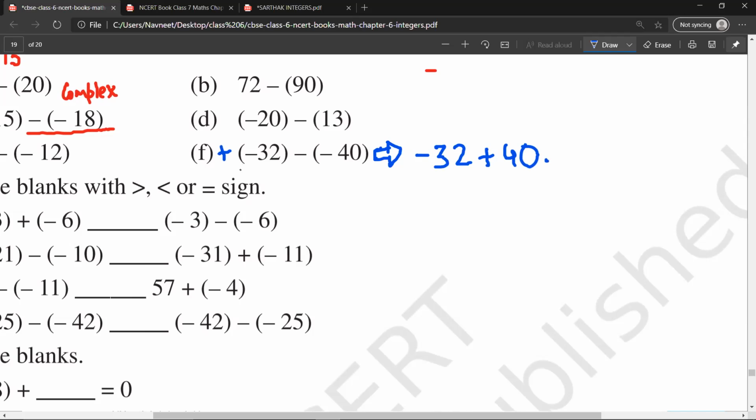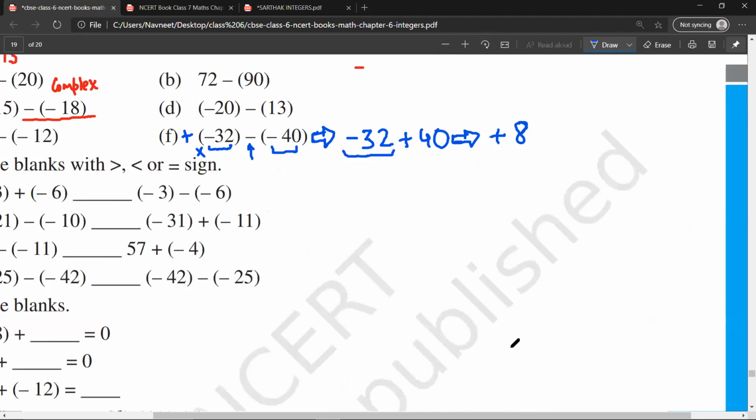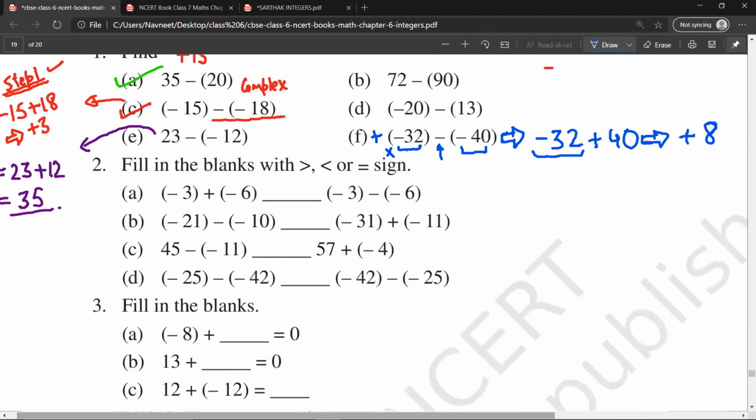So when this bracket opens, the number sign will not change. Here there is a negative, so the sign of the number inside will change. And this answer would be equal to, Mr. Sarthak? +8. Wah. Very nice, Mr. Sarthak. Addition and subtraction of integers is a confusing topic.